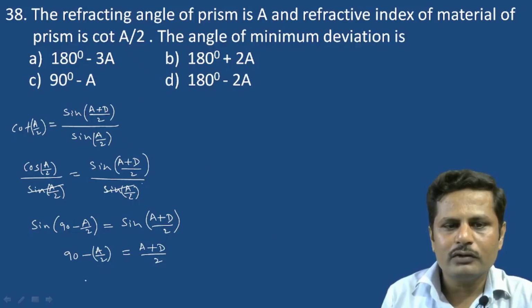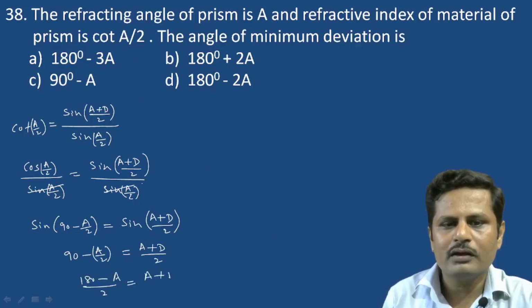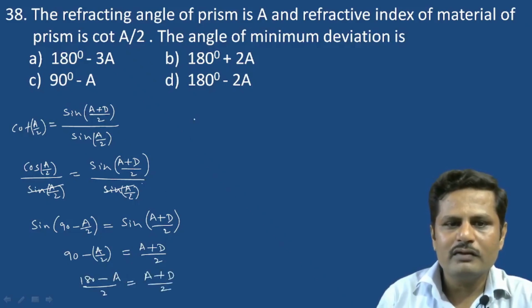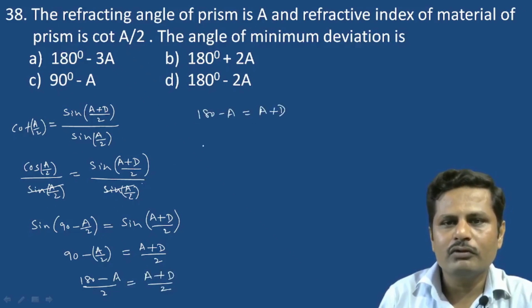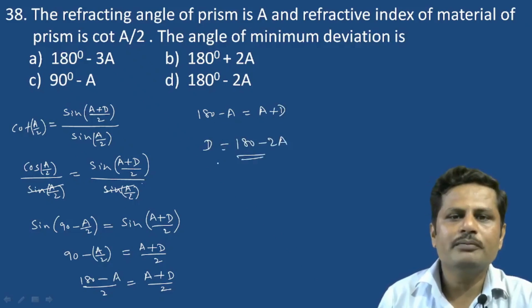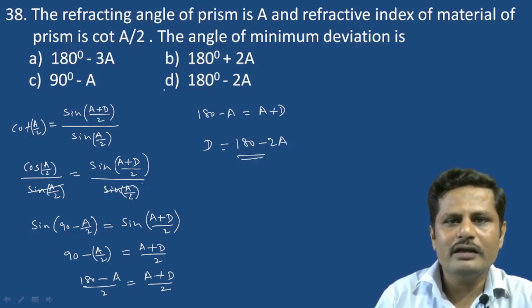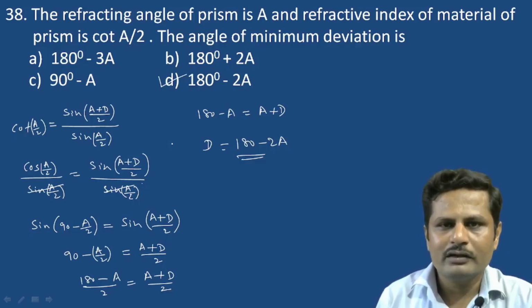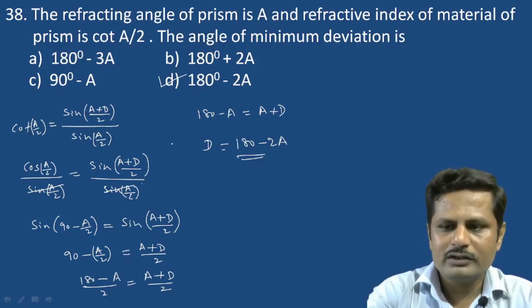So 180 minus A divided by 2 equals (A plus D) by 2. This implies that 180 minus A equals A plus D. So therefore D equals, if I bring A to the left side, 180 minus 2A. So option D, that is 180 minus 2A, is the right one. Okay, we shall move to the next question.